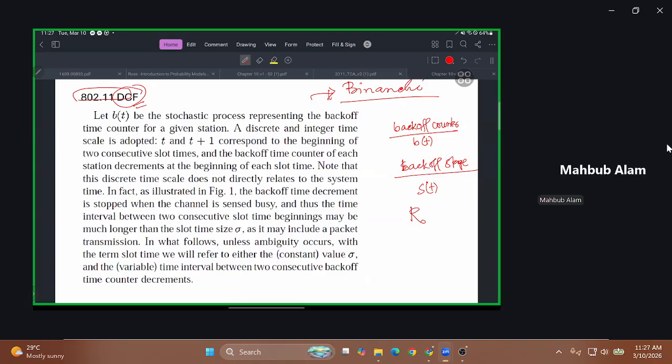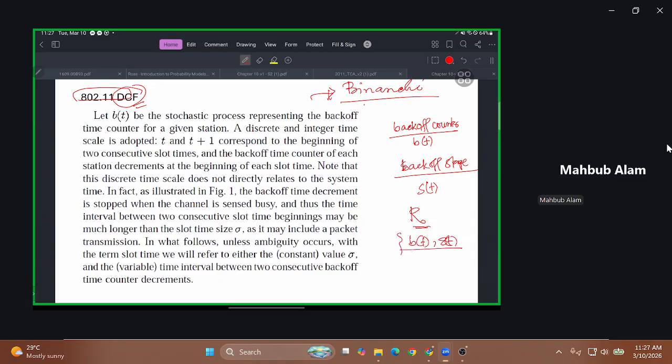In this model, there is one assumption. The author, Bianchi, has not discarded a frame. Rather, when it reaches the maximum retransmission limit R, instead of dropping the frame, it keeps retransmitting the frame, but it does not increase the backup window size. So we have a two-dimensional stochastic process, B(t) and S(t).